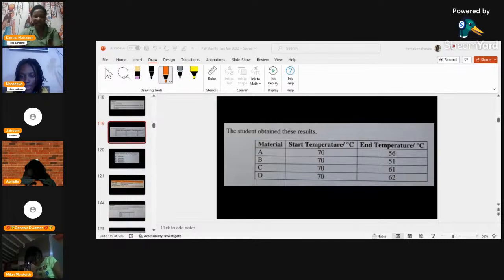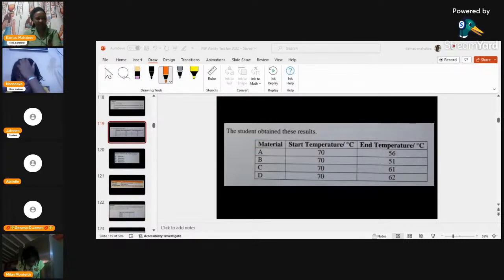Each of them started at 70 degrees Celsius, and after 10 minutes they were all at different temperatures. So what can the student determine? The student wants to find out which material will keep the soup the warmest. Any observations? Go ahead. What have you observed?